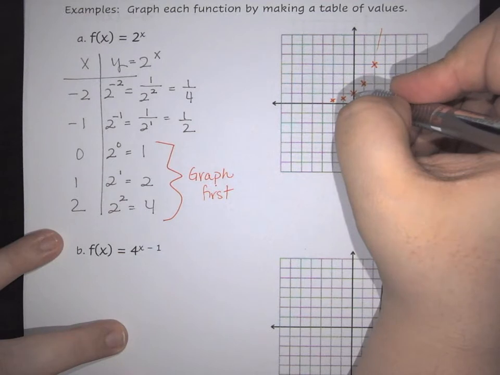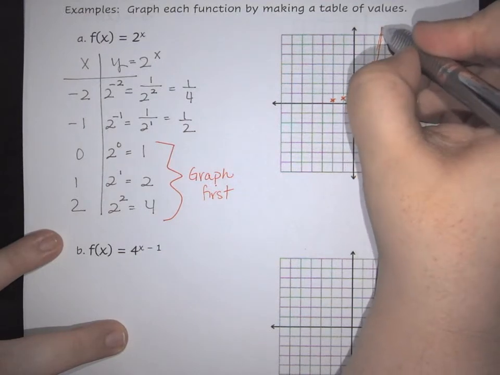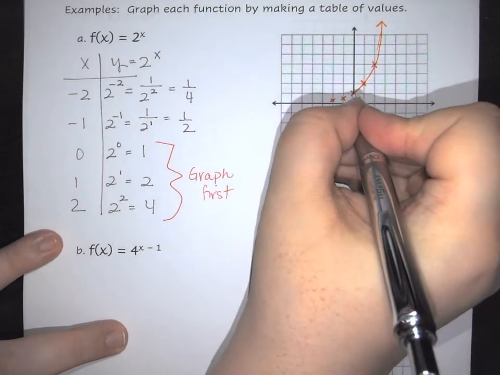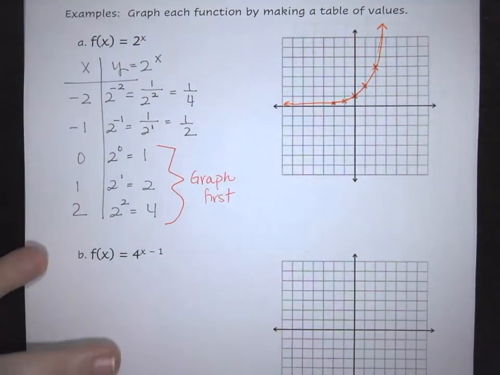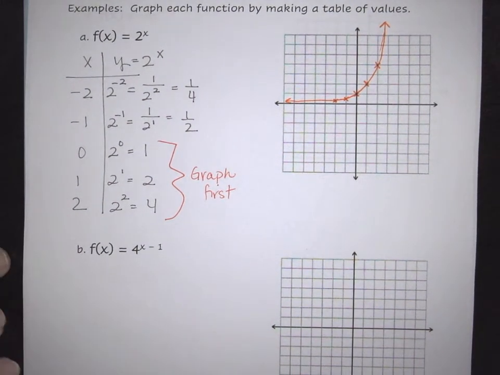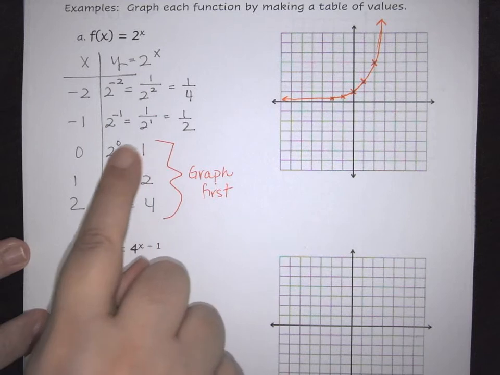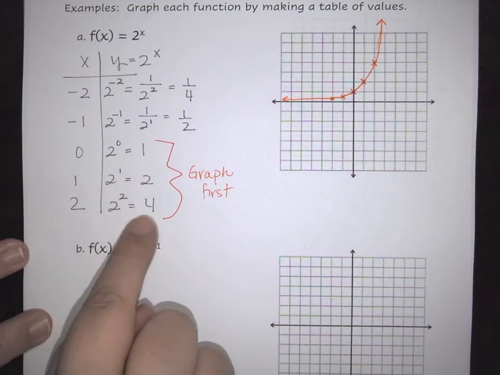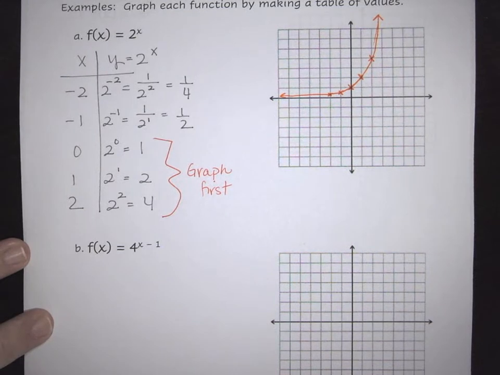So if we connect these lines, you will see that this kind of comes straight up in this fashion, and it continues down this direction, getting infinitely close to your axis line. Okay? And so that's all there is to it, creating your table and doing your graph. So no matter what it is that your exponential is, I always recommend you graph the whole number points first and worry about the fractions second.